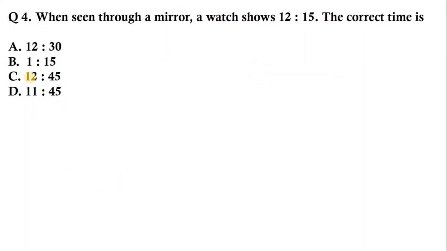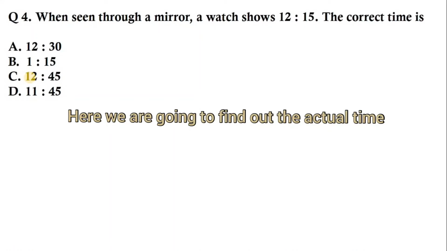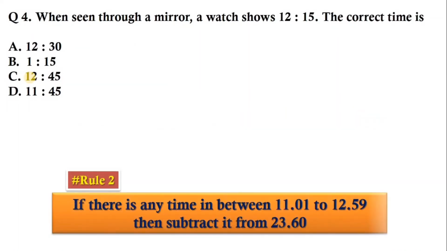Then this is the mirror image in the watch. It shows 12:15. The correct time we have to find out among these 4 options. So here the time exceeds 10:59, right? So for that we have to use rule number 2. What is that?